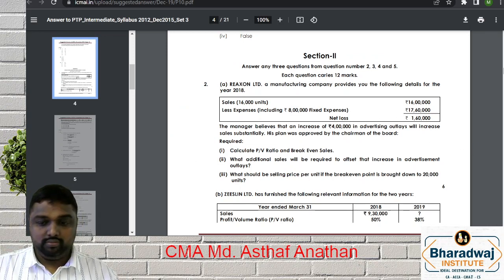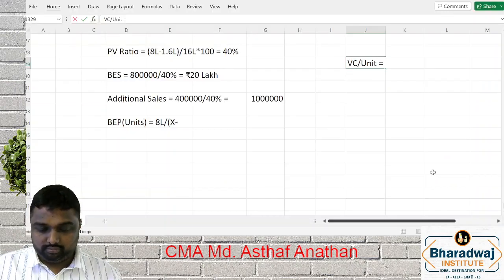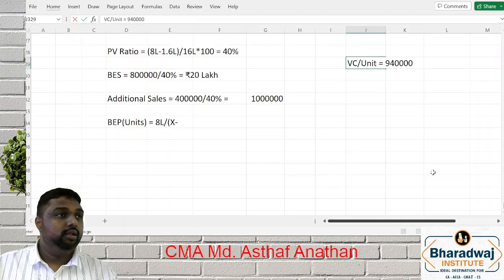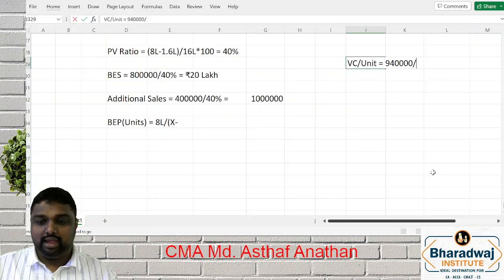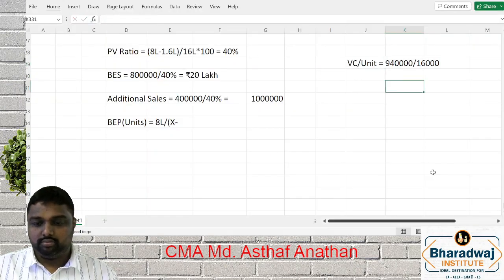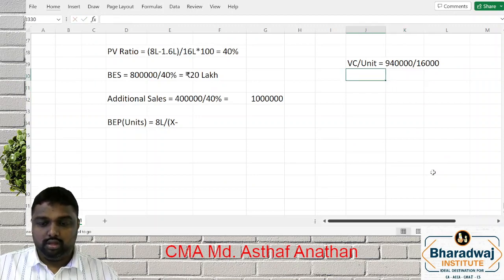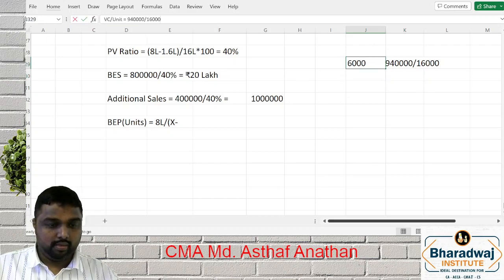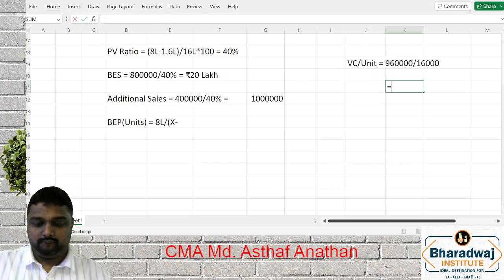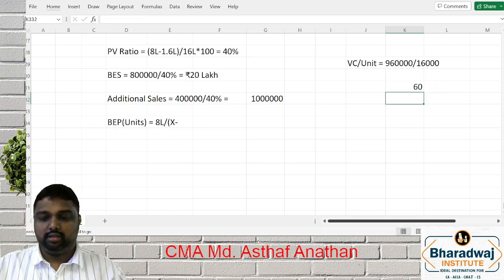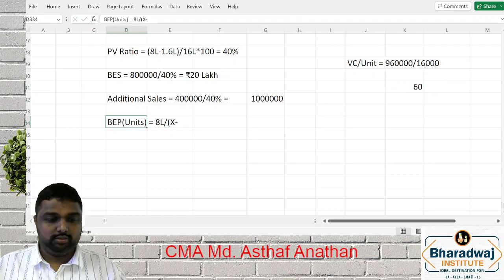What will we get? 17.5 lakh. If I'm not wrong, 9 lakh 40. Correct. Variable cost 9 lakh 40 by 16,000. 9 lakh 60. One lakh 16,000. 60 rupees.